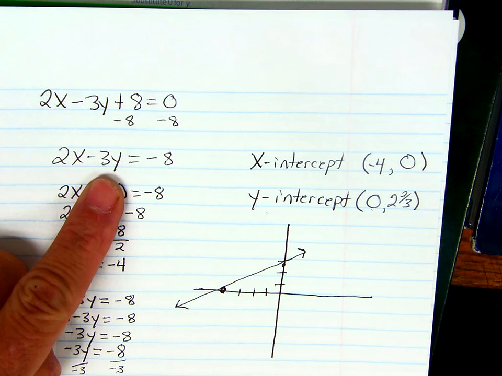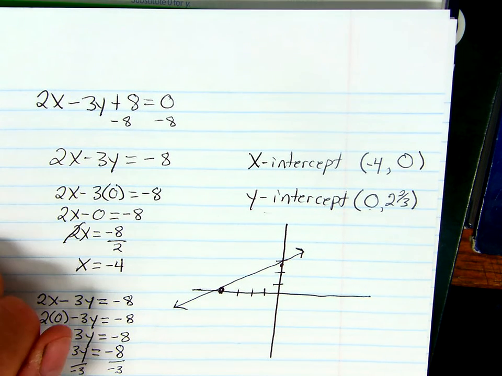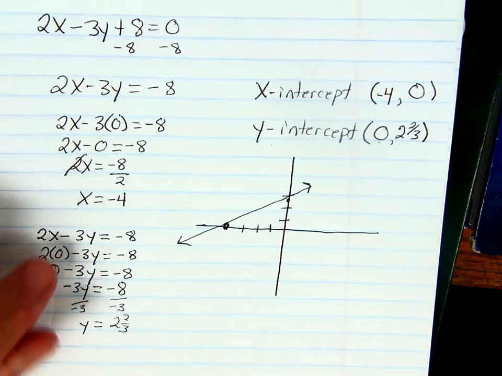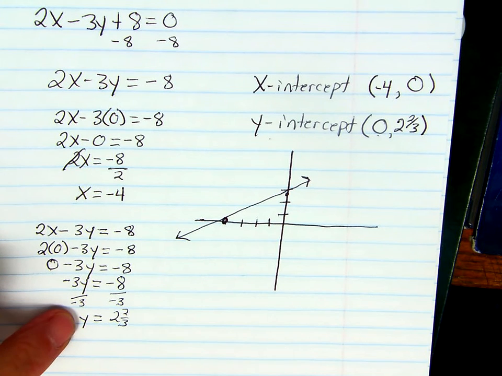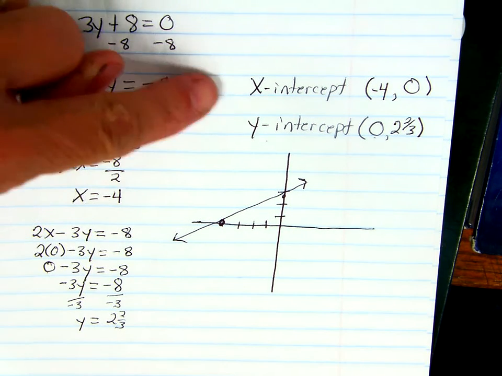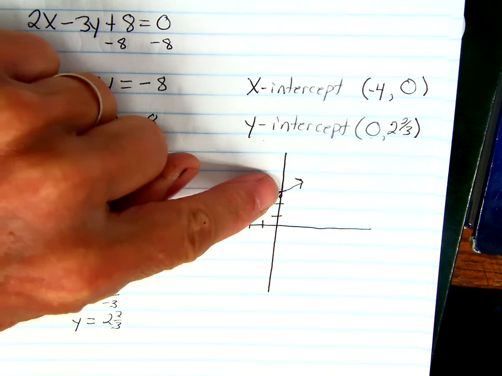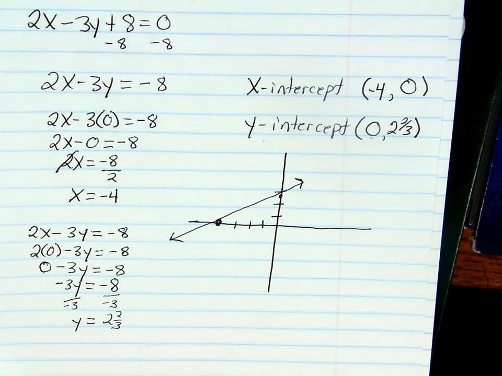Then, one at a time, we set either the x or the y equal to 0. And we solved those to get the intercepts. After we got the 2 intercepts, we plotted those on our graph, and then we drew our line.